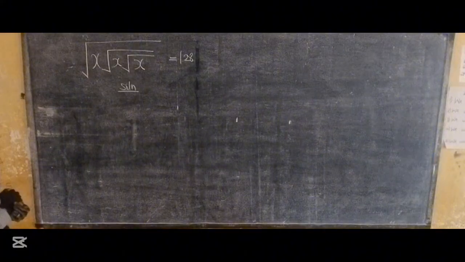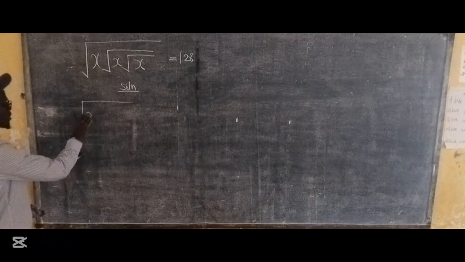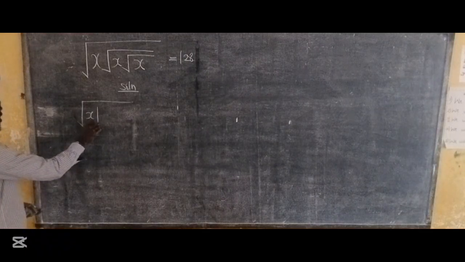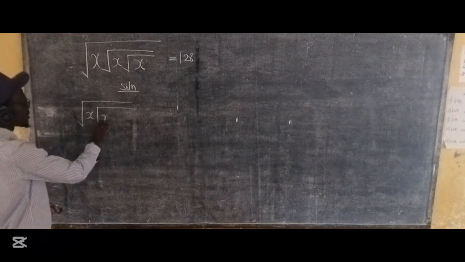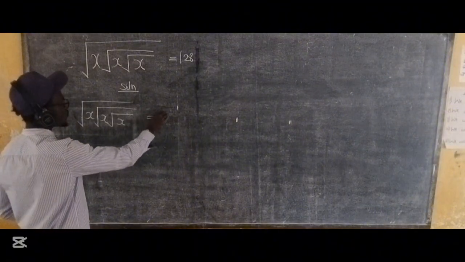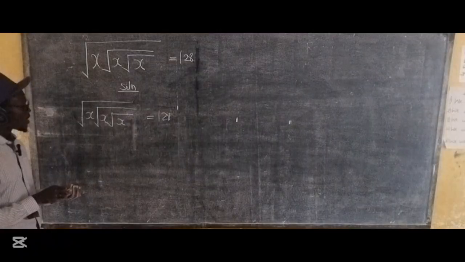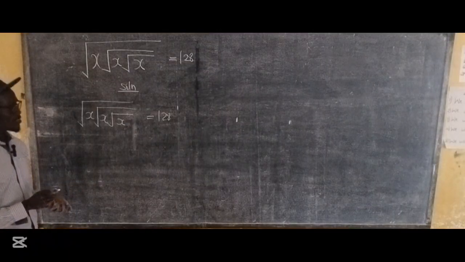Now, the first step to do here, since we are given the square root of x times the square root of x times the square root of x, and this equals 128, is to square both sides.